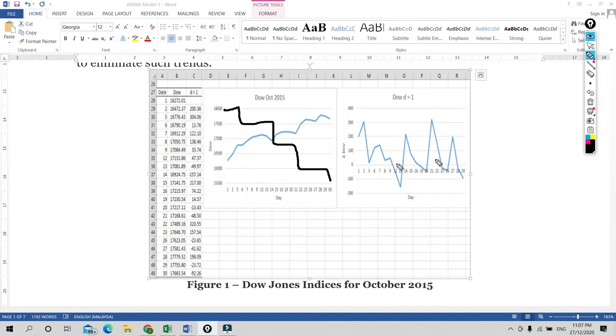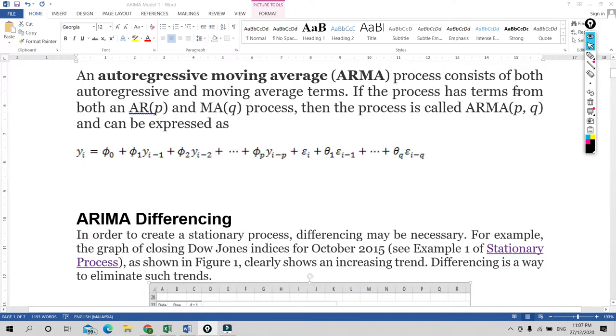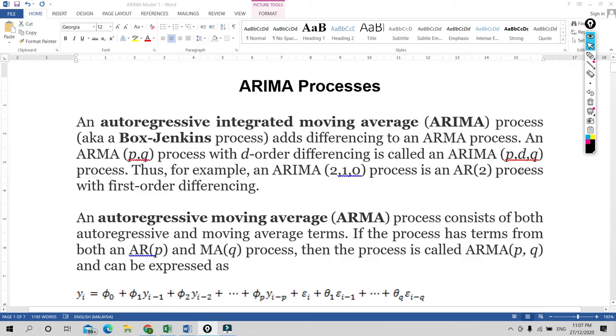We have a few levels of differencing, up to D. So we have P, D, Q, where D is the level of differencing.